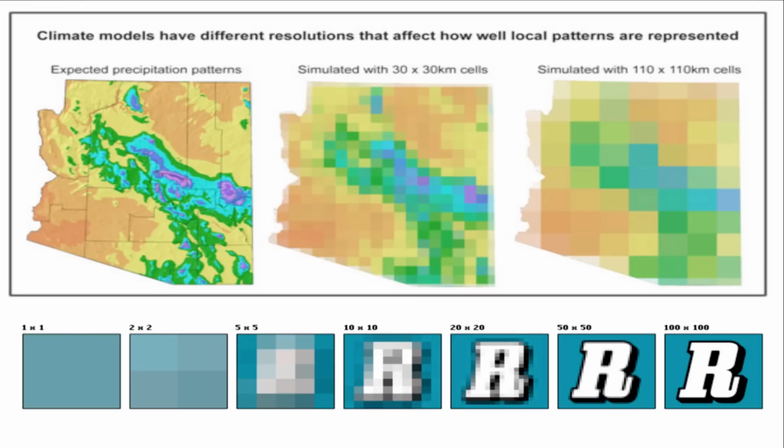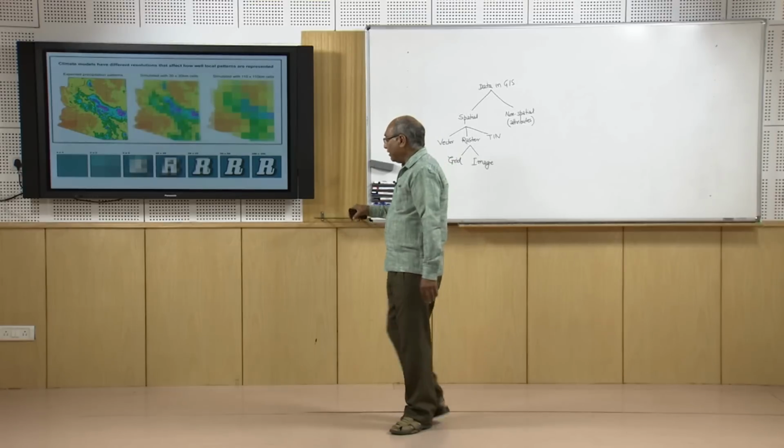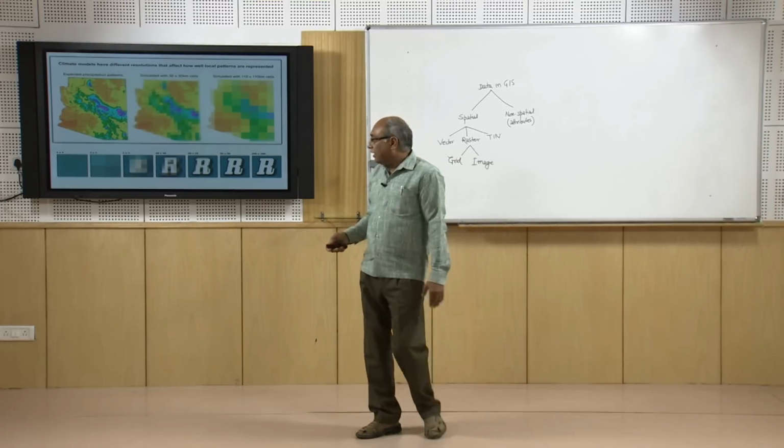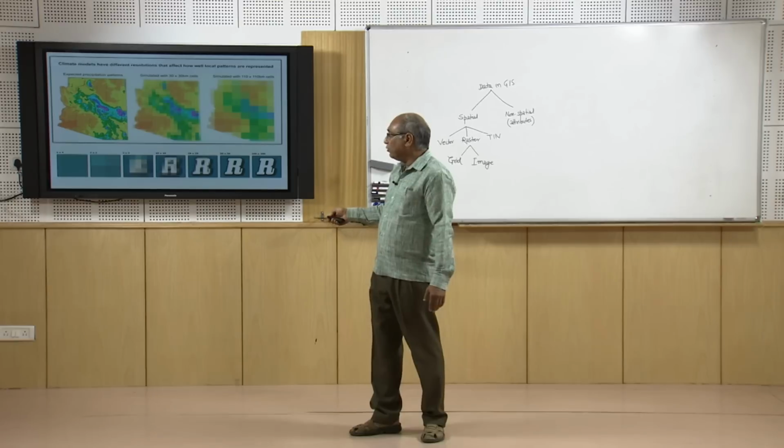But once we start segmenting this area into finer size pixels, an image starts appearing. In 10 by 10 it appears maybe R, maybe A, but here it starts appearing as A, R much more clearly, and in 50 by 50 and 100 by 100 it becomes much sharper. So the rightmost has very high resolution relatively compared to the first few.